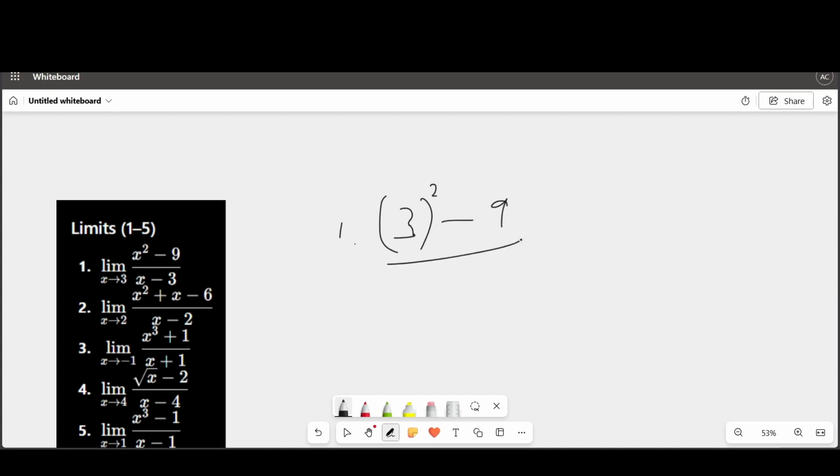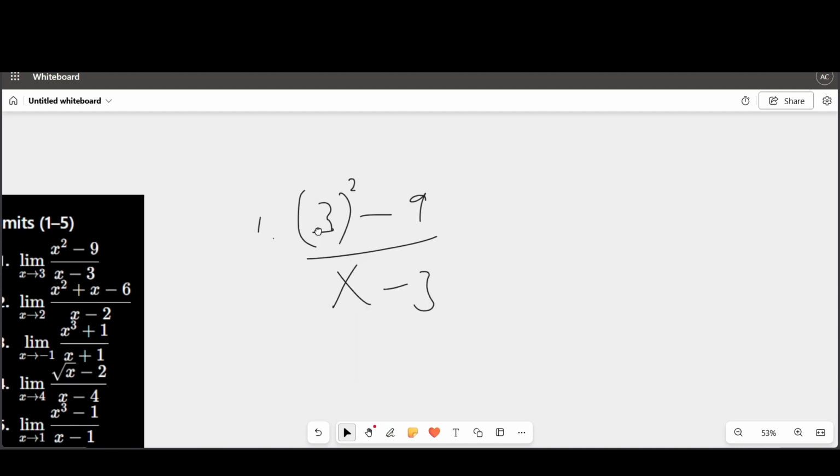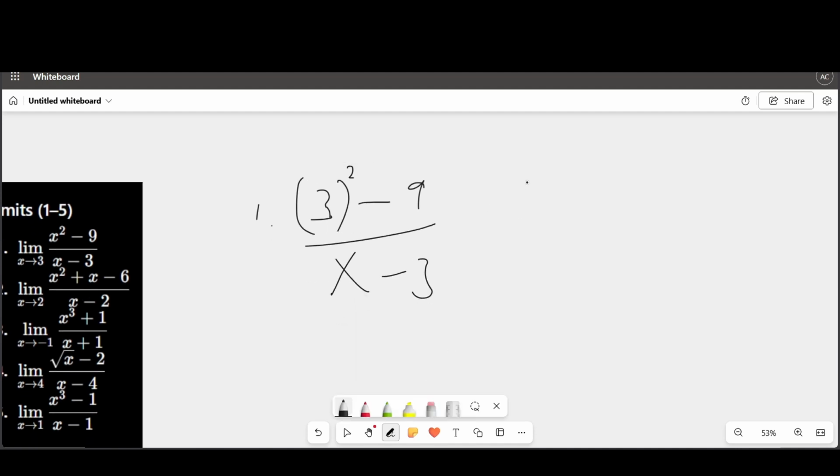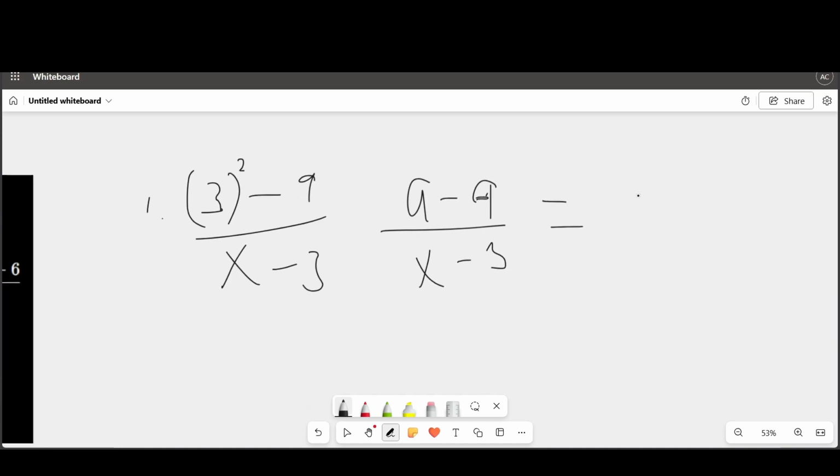Hopefully it will. So 3 squared is 9, minus 9. And 3 minus 3 is going to be 0, so 0 over 0.